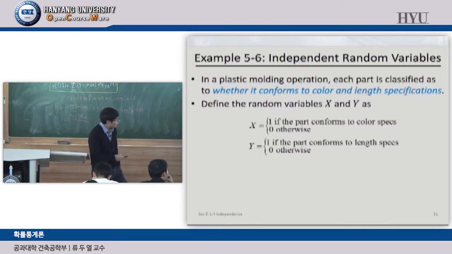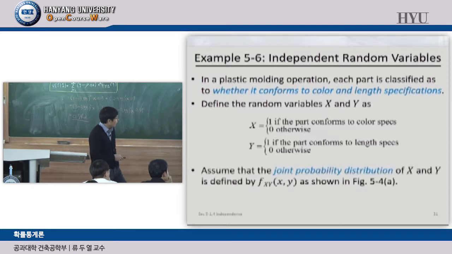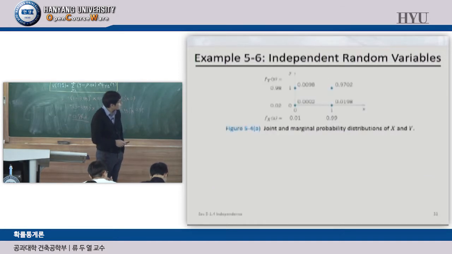And Y is equal to 1 when the part conforms to the length specifications, and Y is equal to 0 otherwise. We can assume that the joint probability distribution of X and Y, f_XY(x, y), can be shown in the following figure 5-4a.